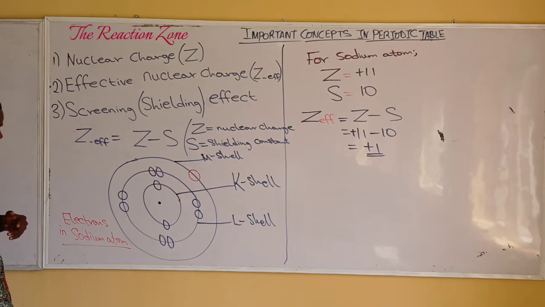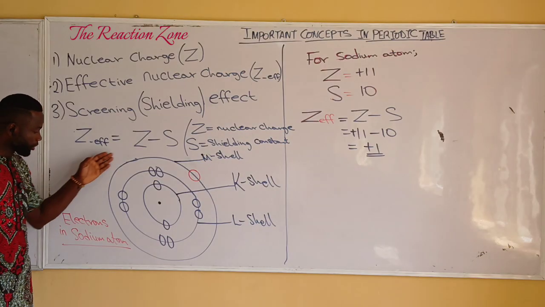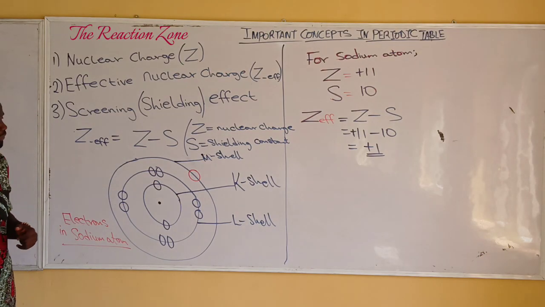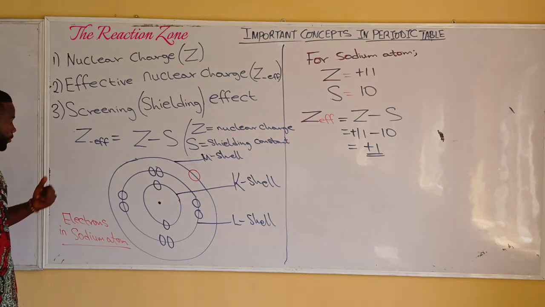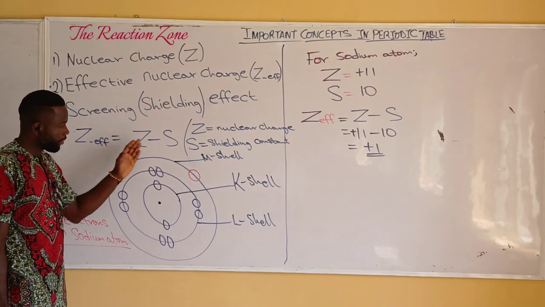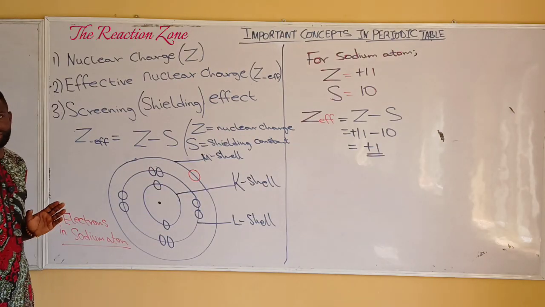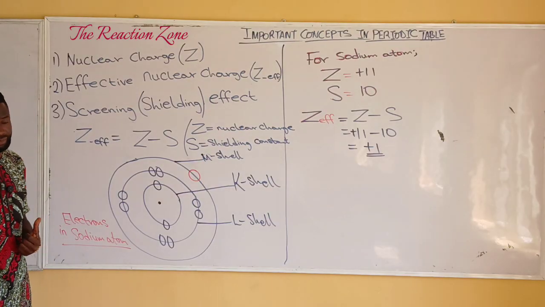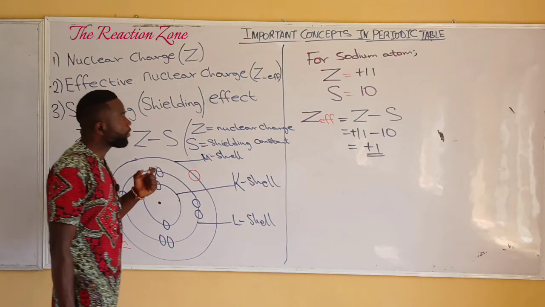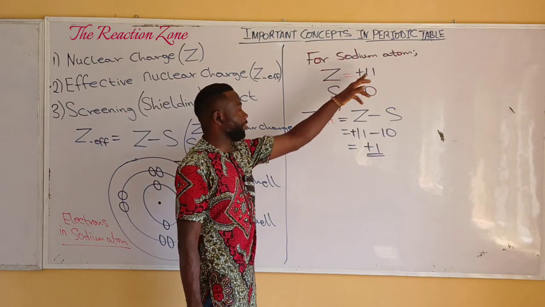Now let us use the electrons in the sodium atom to explain the concept of effective nuclear charge. Sodium has 11 electrons. It also has 11 protons. So, the nuclear charge for a sodium atom is 11.